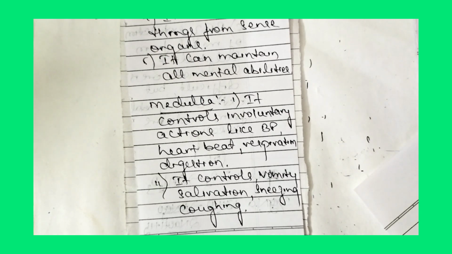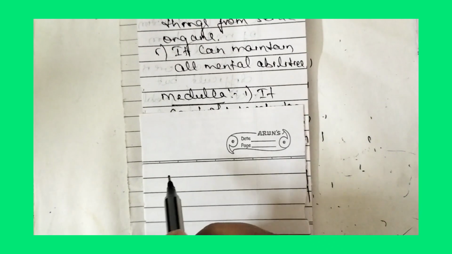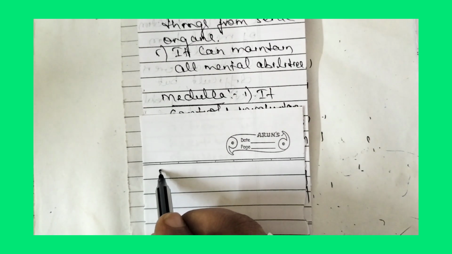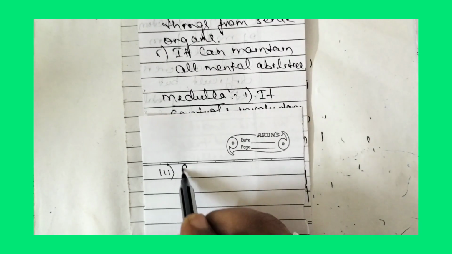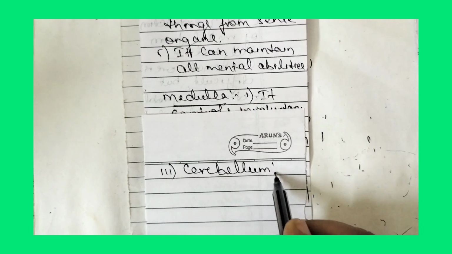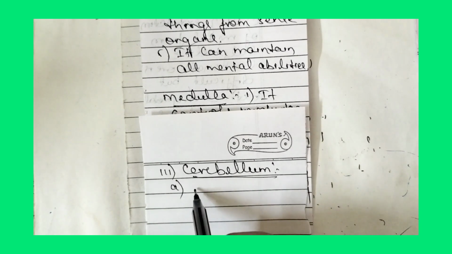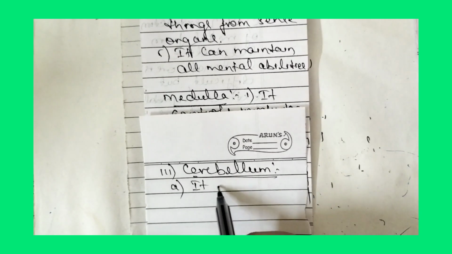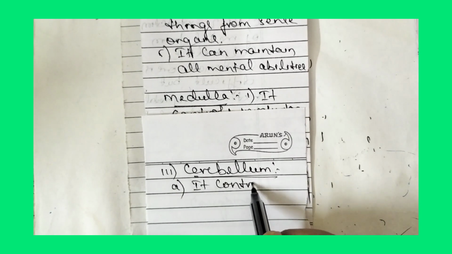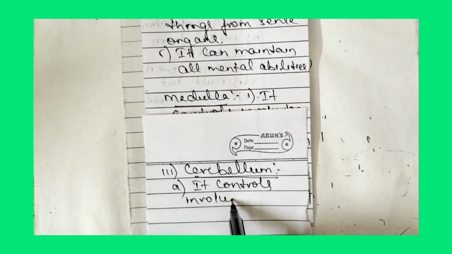So idishtu medullada kelsa. Now let us write the function of cerebellum. So let us write the function of the third part, that is cerebellum. ಮೊದಲನೇ function of cerebellum ಅಂದ್ರೆ it controls involuntary actions.